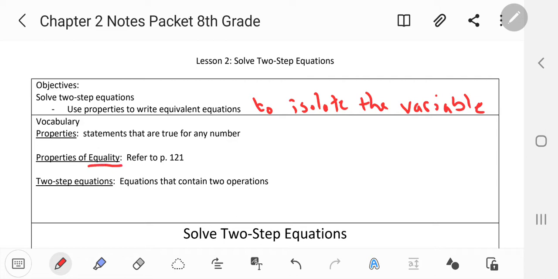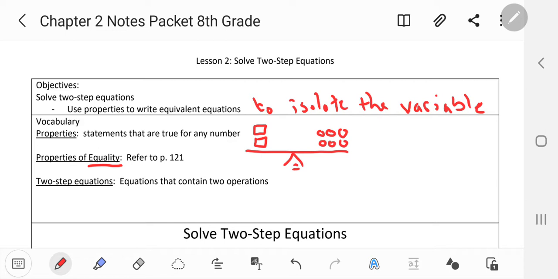If you look in the online textbook at page 121, you can read through those properties, but they basically say whatever you do to one side of an equation, you have to do to the other to preserve the equality, to keep it balanced, to make it equal. So, for instance, if I had a box here and I say that's equal to 3 spheres here, if I were to do something to this side, like double this, then I'd have to double this.